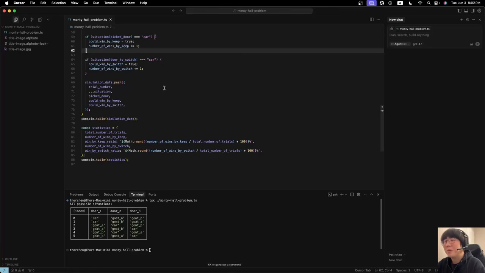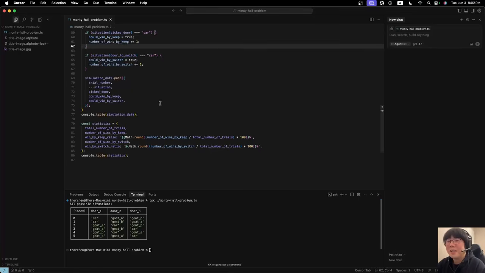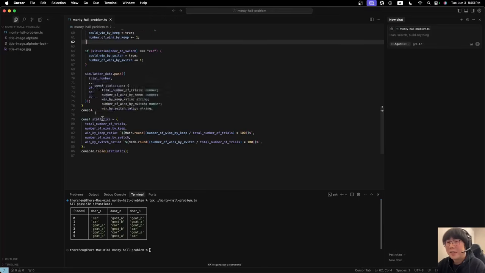This loop will be executed 1,000 times, and we use console table to print it out. And then let's have some statistics, which will show us the total number of trials, the number of wins by keep and its ratio, and the number of wins by switch and its ratio.